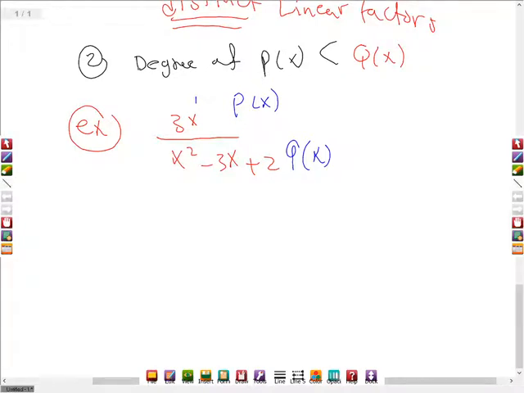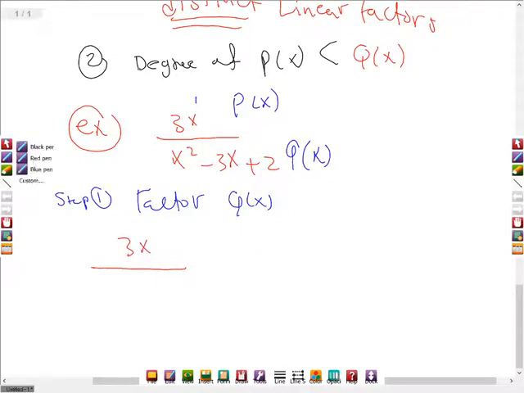Step 1, factor Q of x. The 3x stays the same, and for the bottom you open two parentheses, x and x.